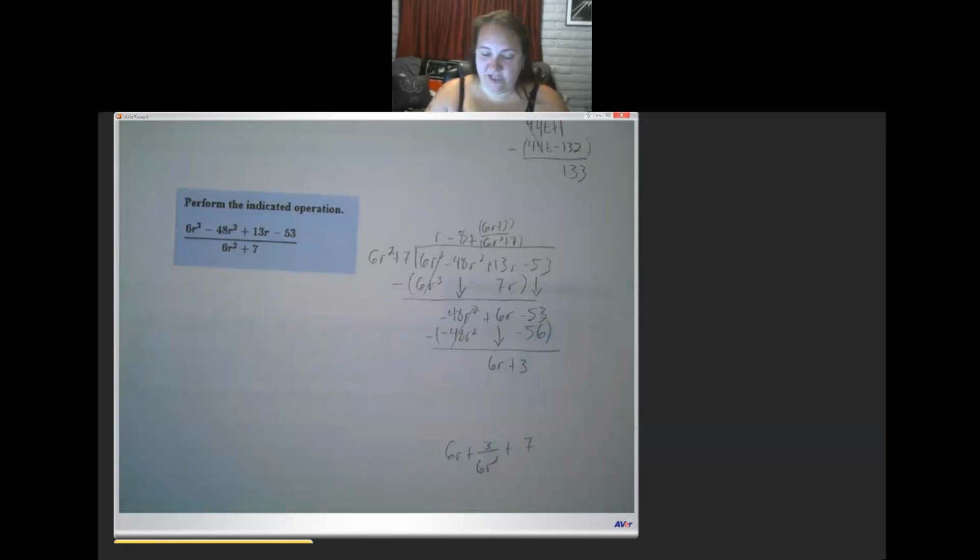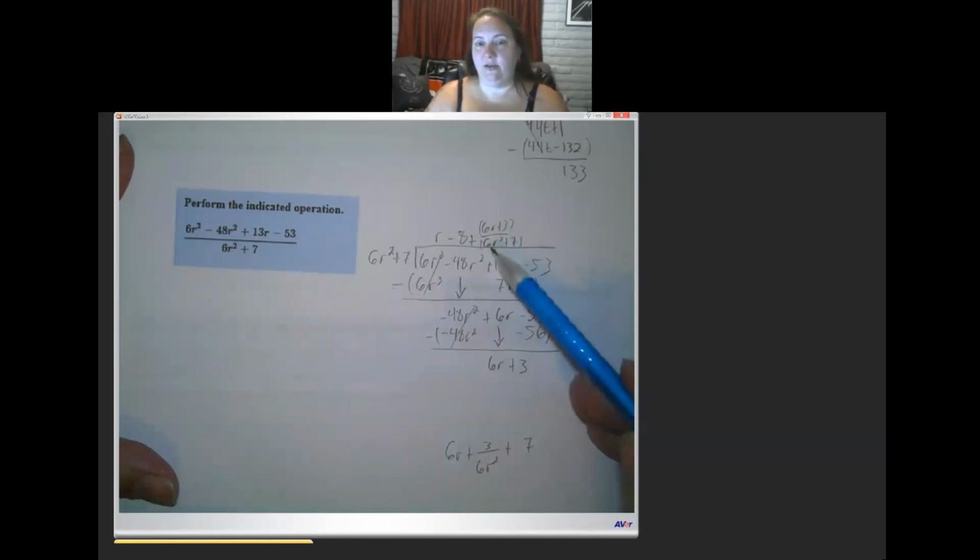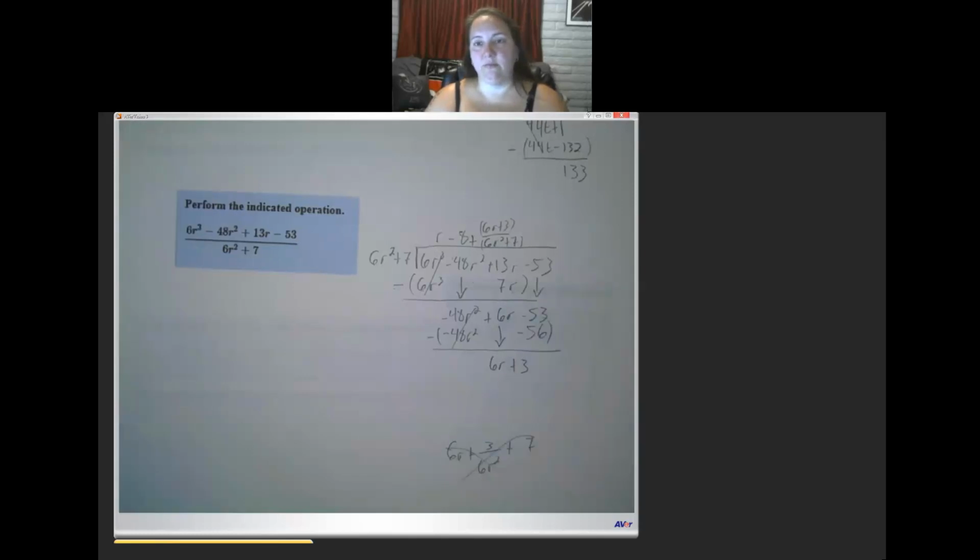Because it would only do the division of these two things if you didn't have parentheses there. Okay? So don't be afraid to use that preview button to make sure that it looks on your paper like it looks in the computer. Okay.